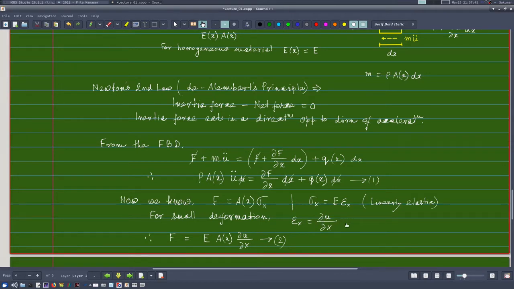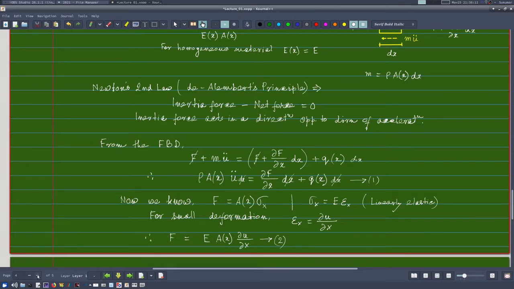Higher order terms are neglected because it is small deformation. Therefore finally I can write F as E times A(x) into del u del x. I am using homogeneous material here for simplicity so that E is a constant, not a function of x. If the material is non-homogeneous, then E will also be a function of x.